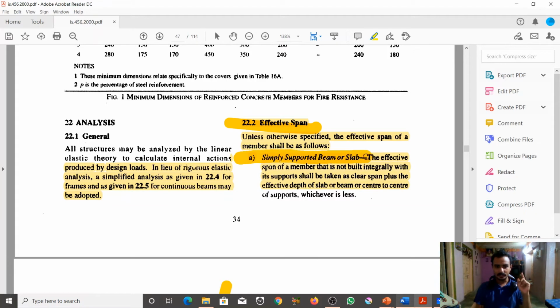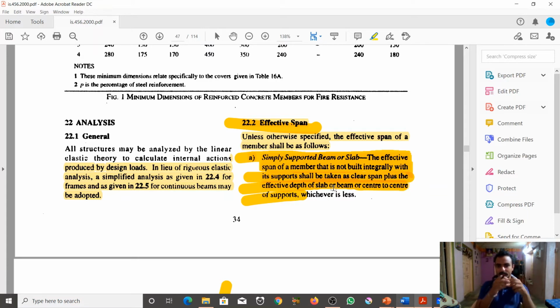For a simply supported beam or slab, the effective span of a member that is not built integrally with its support shall be taken as clear span plus the effective depth, or center to center of supports, whichever is less. So in 22.2a we get two conditions.